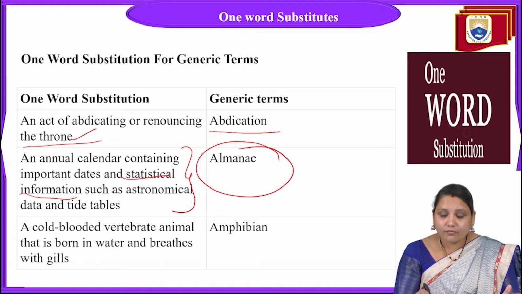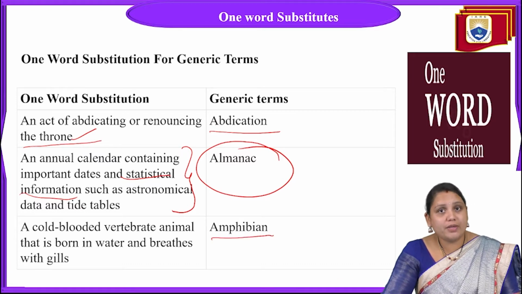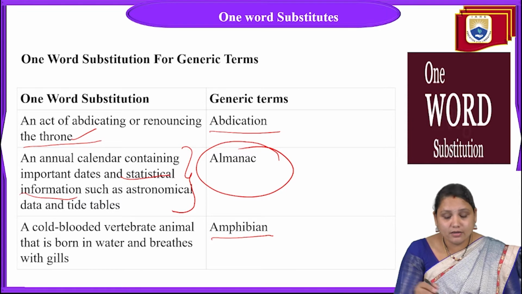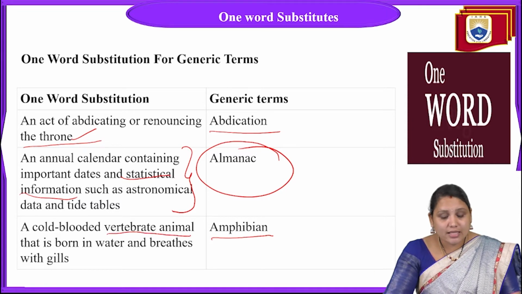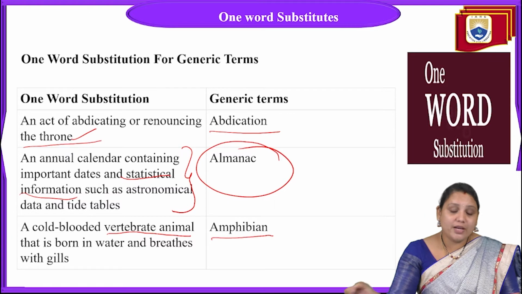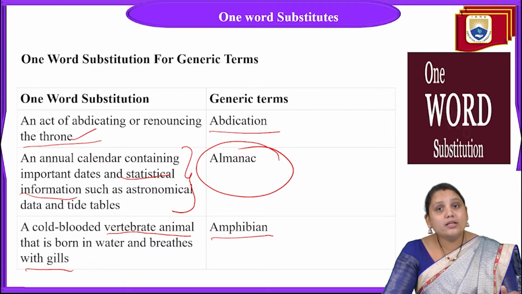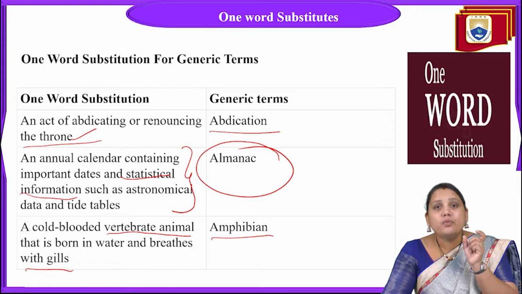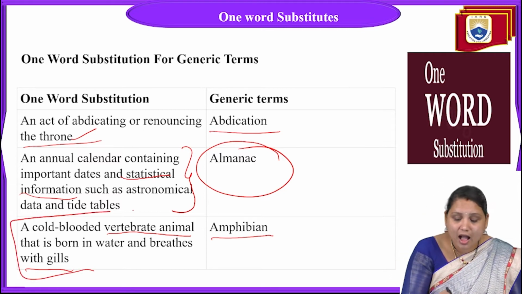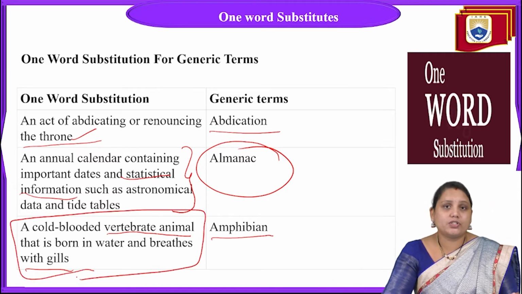Now, one more. Amphibian. A cold-blooded vertebrate animal that is born in water and breathes with gills. That is called an amphibian. So, with this substitute, we are trying to cater the meaning of this entire sentence in our conversation.